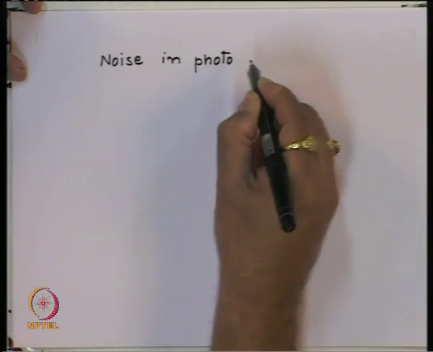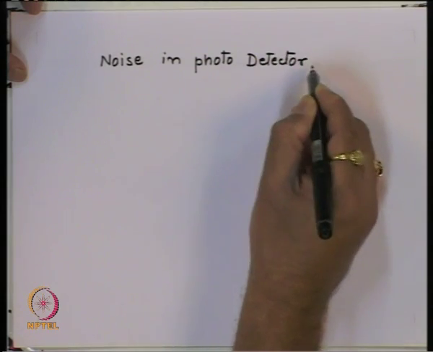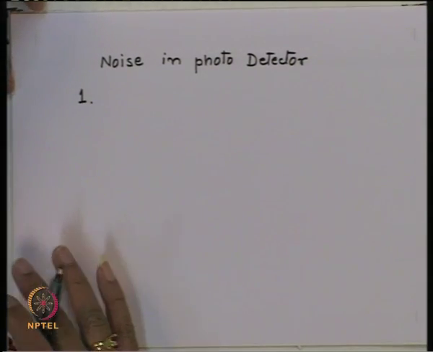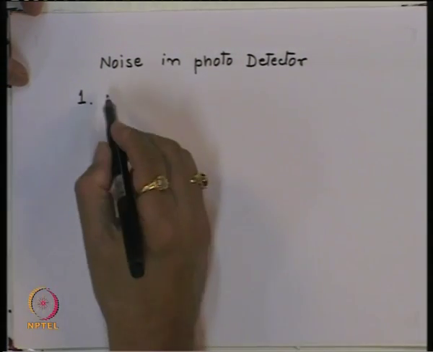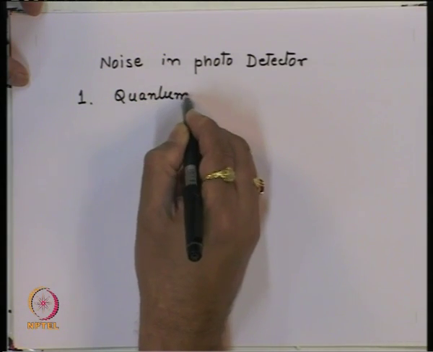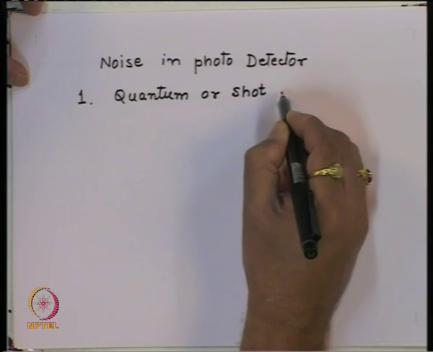So, now we have the noise inside the detector. And the first component of this is due to what is called the quantum noise or the shot noise. So, we have here quantum or shot noise.